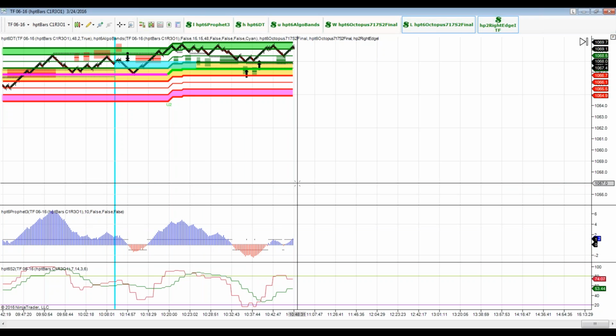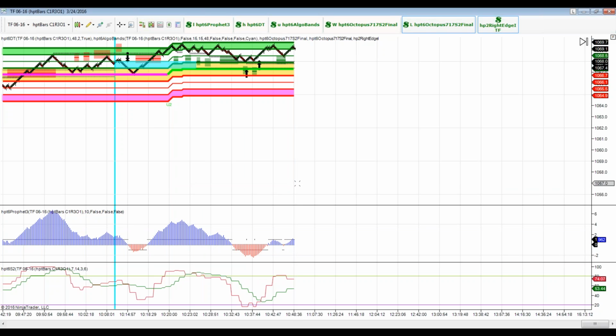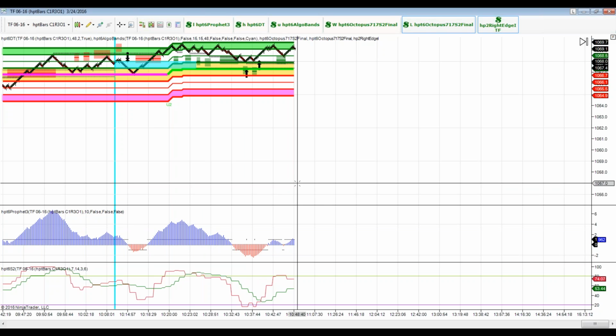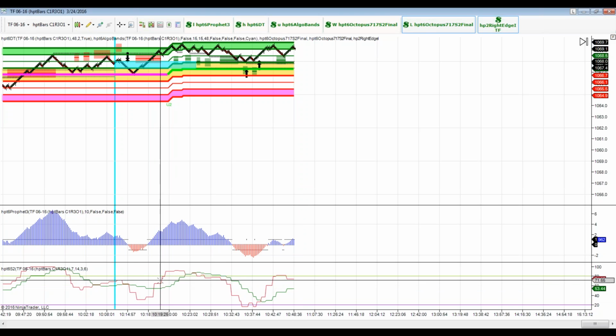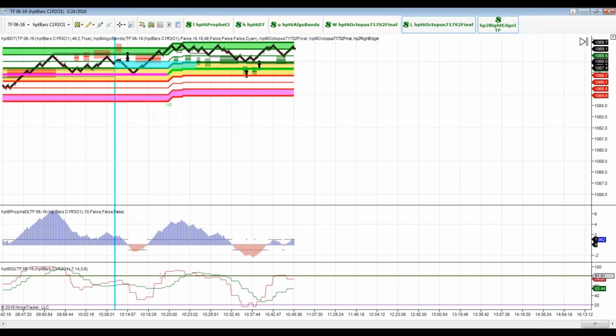You're going to get even less trades that way. But the upside to that is you're going to get fewer trades that will result in a stop out. So it's really up to you, but the way I'm showing this and really the way it's designed is just once you get to the threshold, either one. The red one is the quicker one, the green one is the slower one.